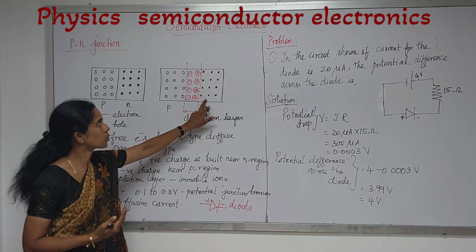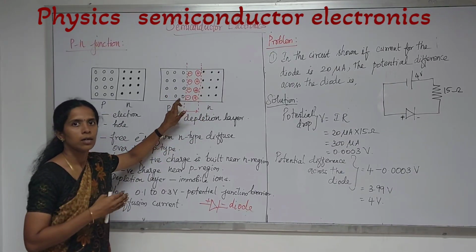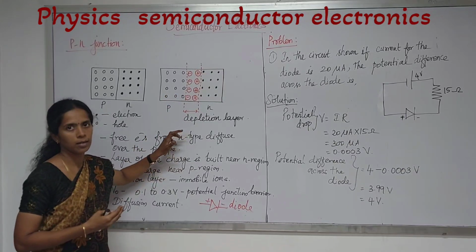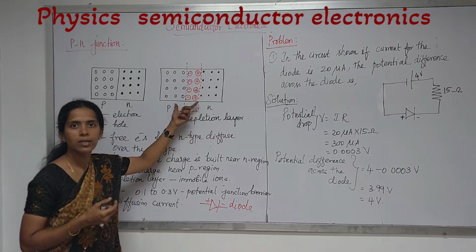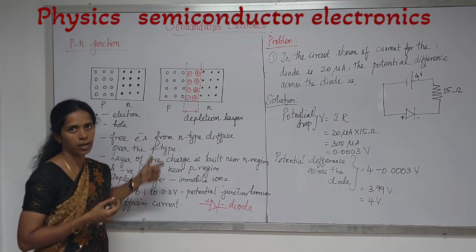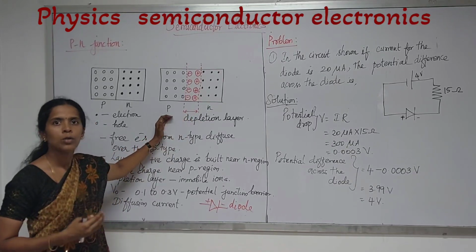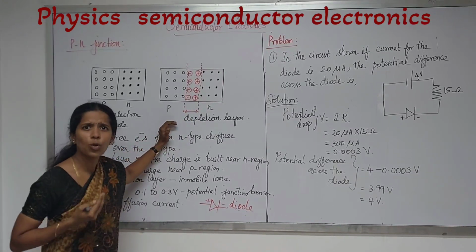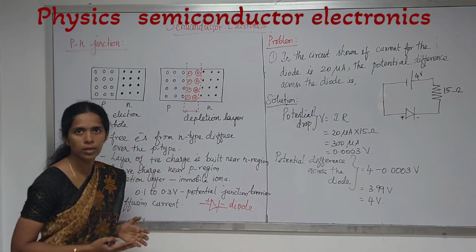These electrons diffuse into the thin layer formed between the p and n junction, which is called the depletion layer. This depletion layer is very thin, but within a very short period of time, it grows.